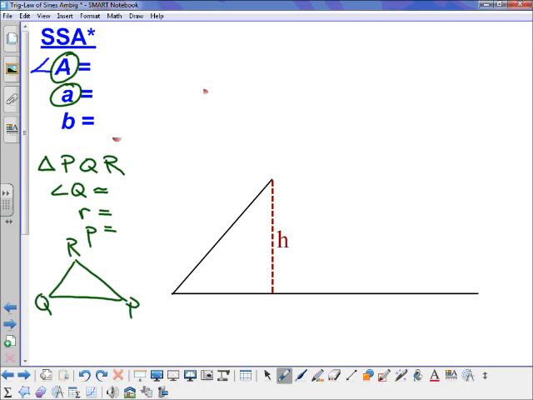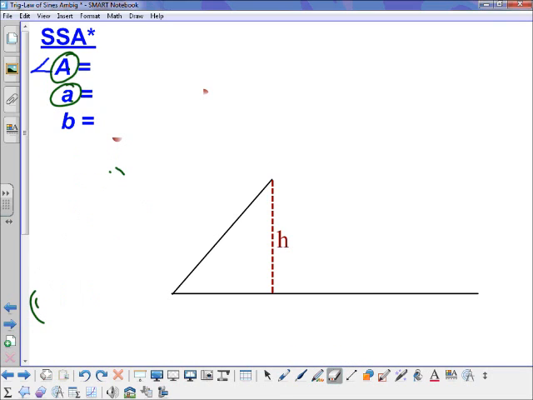Little r has to go here, little p has to go here. It's side, angle, side. So anytime you're going to get this side-side-angle case, one of the sides given would have to be the opposite side. So you're always going to have one uppercase letter and a lowercase letter. That's how you can tell just by looking at it that it's going to be this special case.